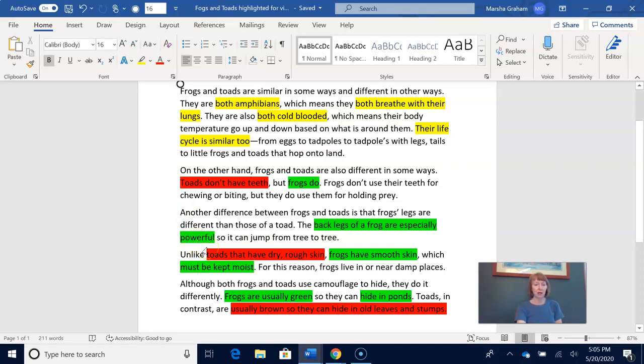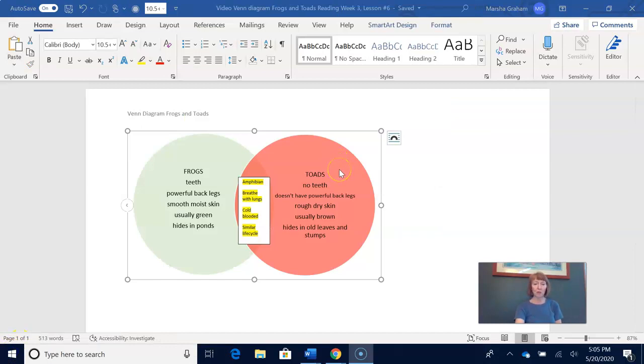Toads have dry, rough skin and are usually brown in color, so they hide in old leaves and stumps. So last, I've labeled the other circle toads and marked that it has no teeth, doesn't have powerful back legs, has rough, dry skin, is usually brown, and hides in old leaves and stumps.